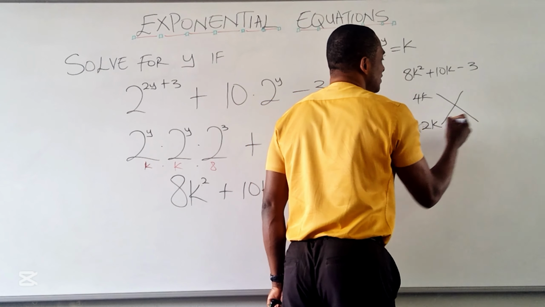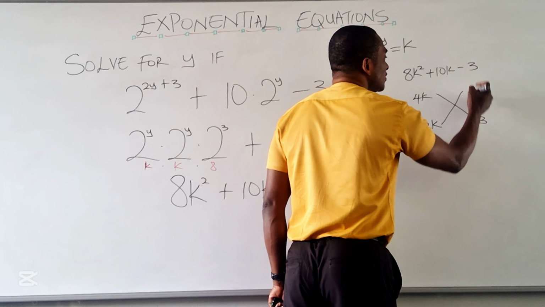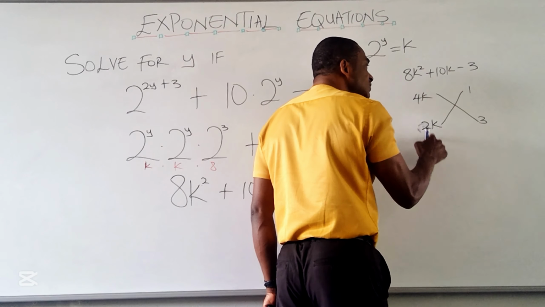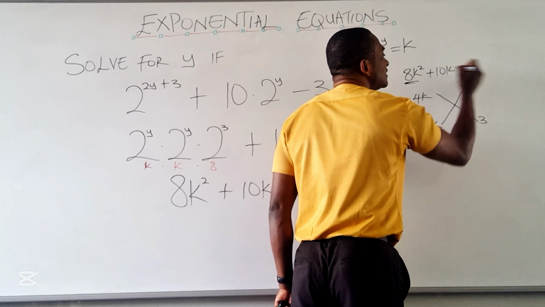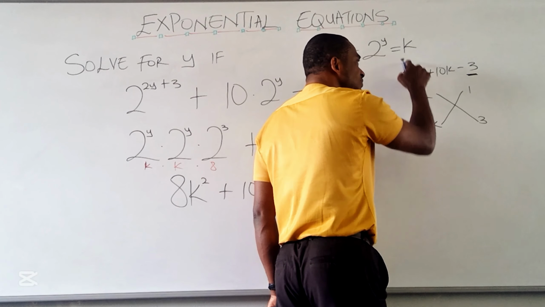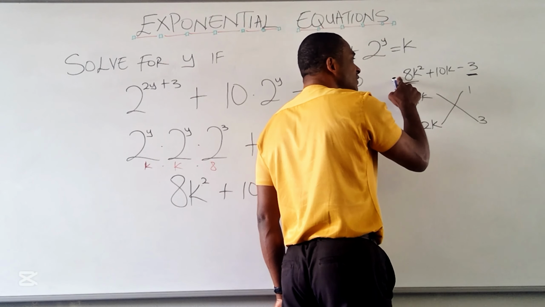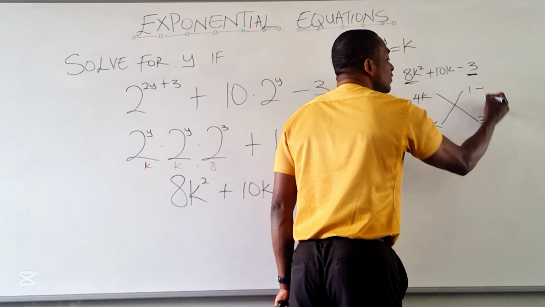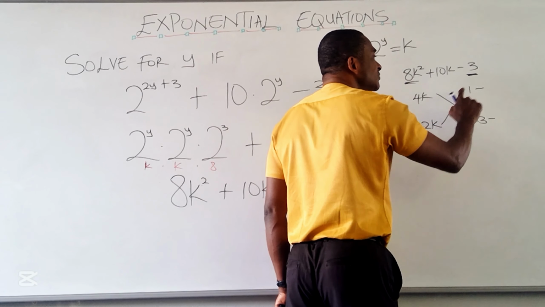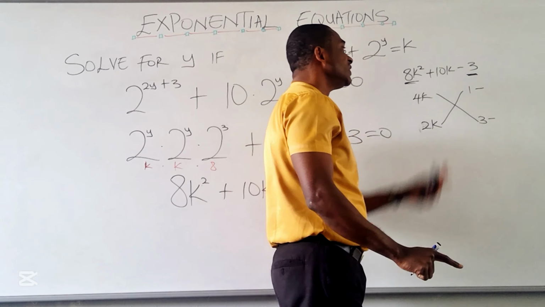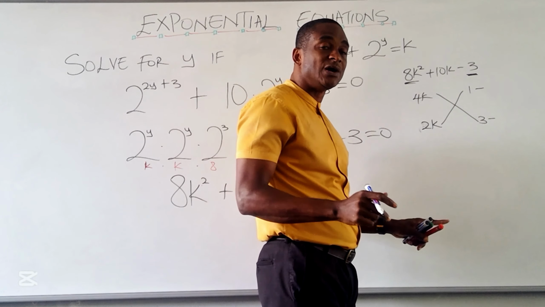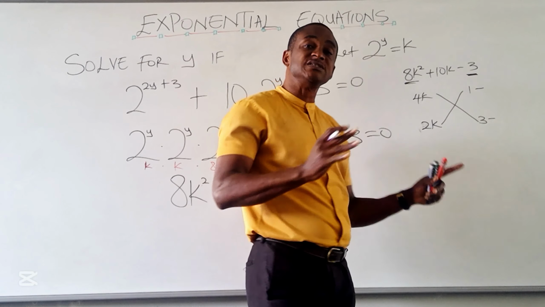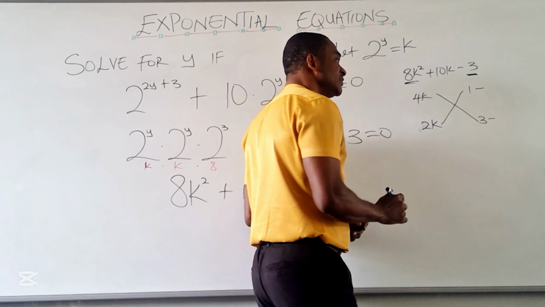As for 3, we also look out for the two things. Remember, we focus on the first and the last. We check for what we can multiply to give us the first, what we can multiply to give us the last. Then, when we cross multiply them, their sum must give us the middle term. It's not like we're throwing away the middle term. We focus on the first and last, but their sum must give us the middle term.